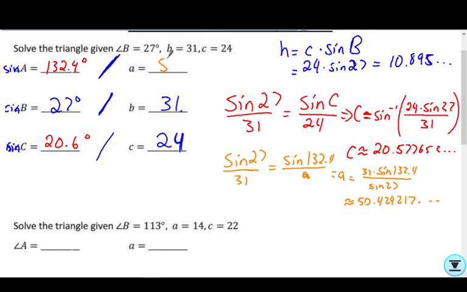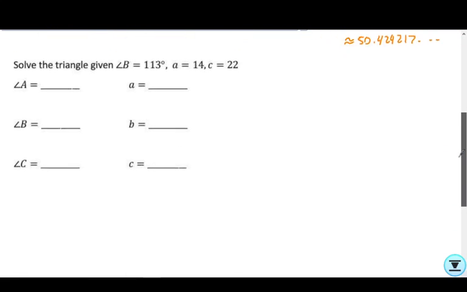So this is 50.4. Before we move on, make sure that my measurements make sense. The smallest angle should have the smallest side with it, biggest angle, biggest side. So it looks like my answers make sense. All right, second problem.